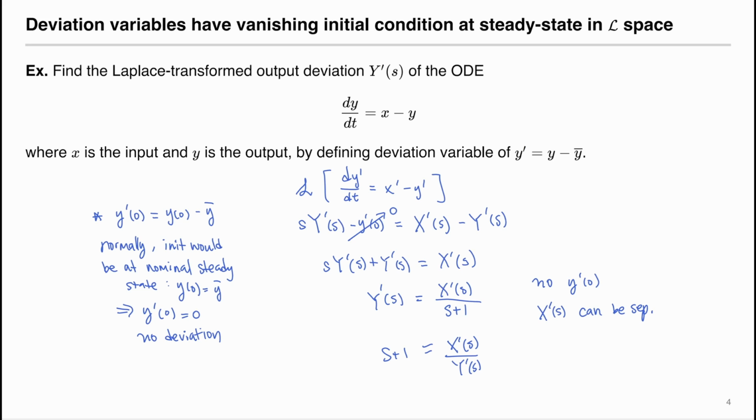Or we can write it in the reverse. So if I inverse it, we have y prime of s divided by x prime of s equals to 1 divided by s plus 1. And this is way better than before because it gives us an expression that scales between input and output. There is a very straightforward input and output relationship.